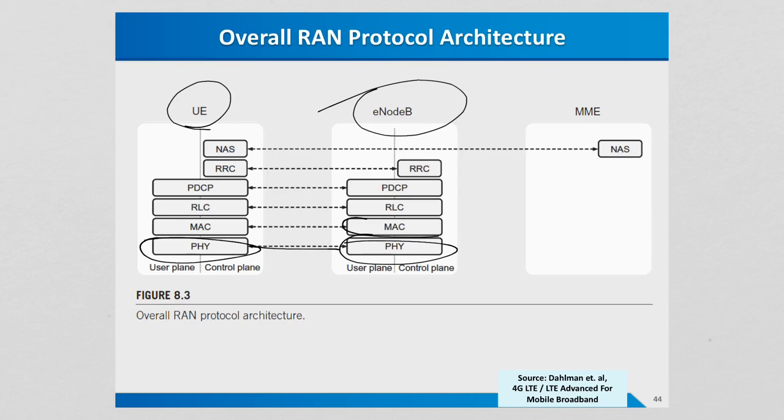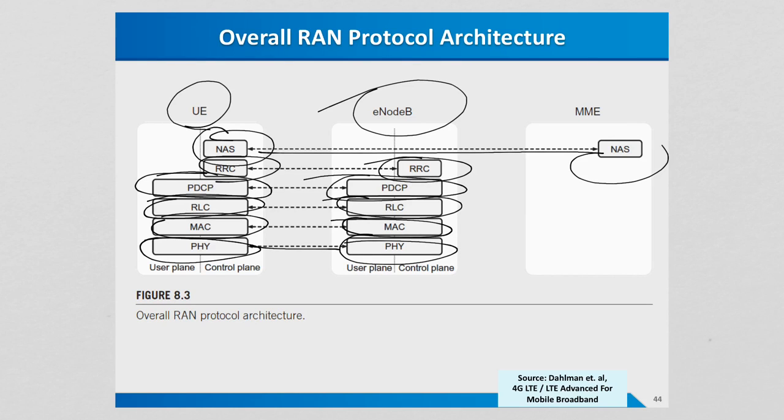You have a MAC layer, medium access control, you have RLC, or radio link control, you have a packet data convergence protocol, PDCP, and RRC, which is your radio resource control. And then finally there's this non-access stratum, which actually bypasses the E-node B, but this is how the UE is able to communicate directly to the MME, or Mobility Management Entity.